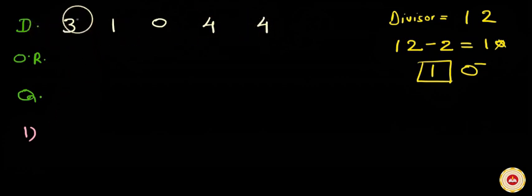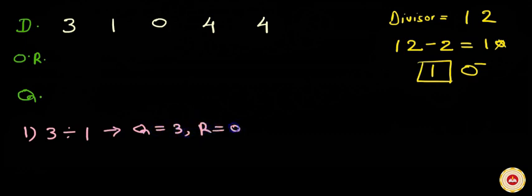Now divide this 3 by negative osculator 1, which gives us quotient 3 and remainder 0. So let us write quotient 3 below first digit 3, and let us write remainder 0 as a prefix to next digit, which is 1.